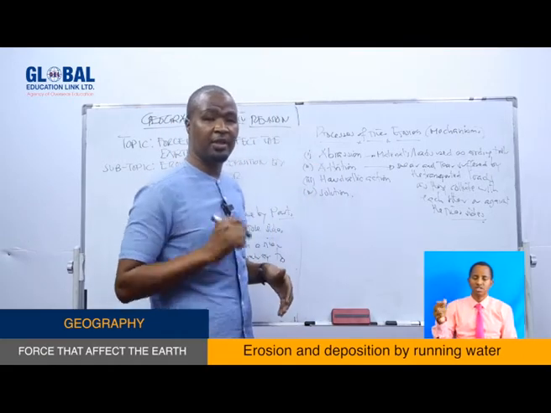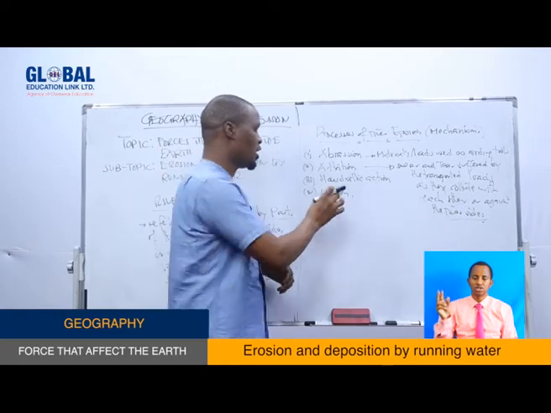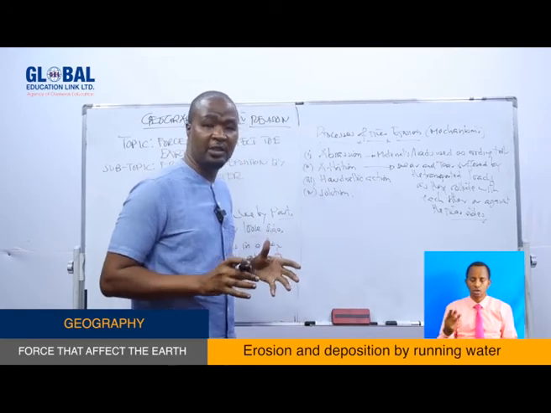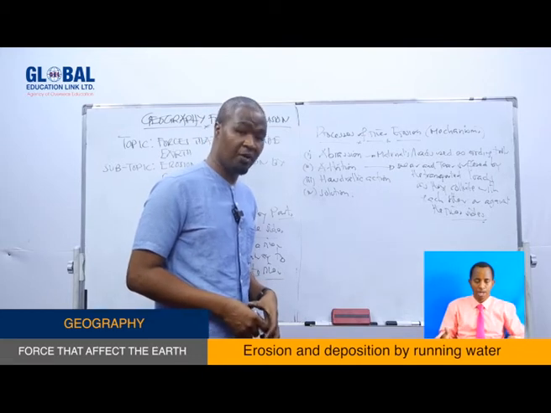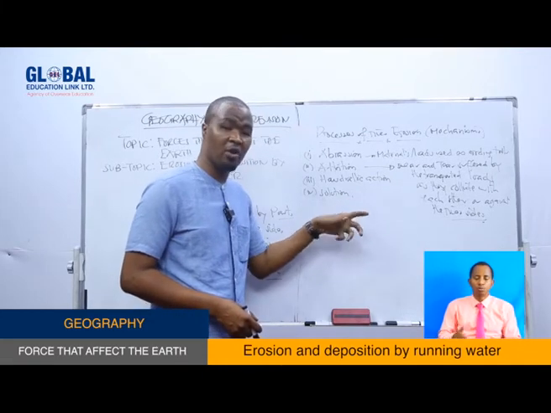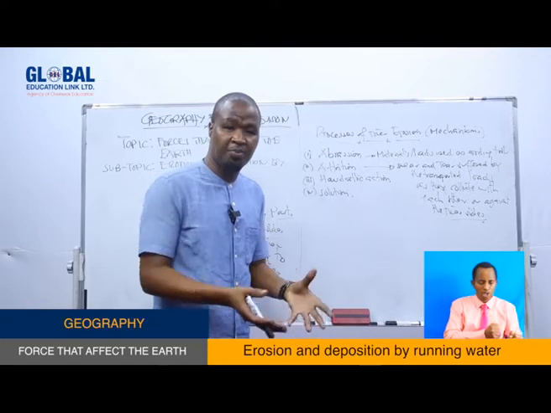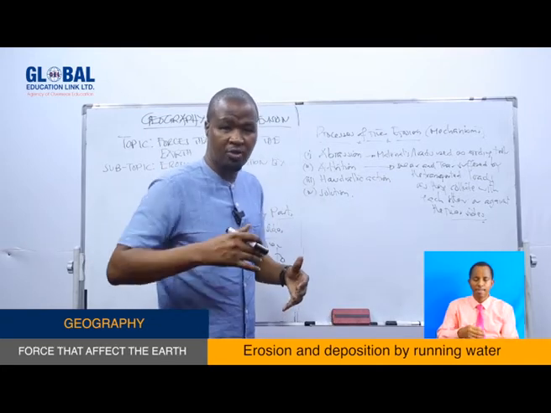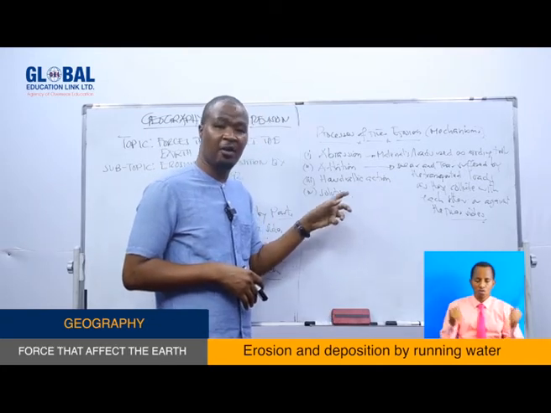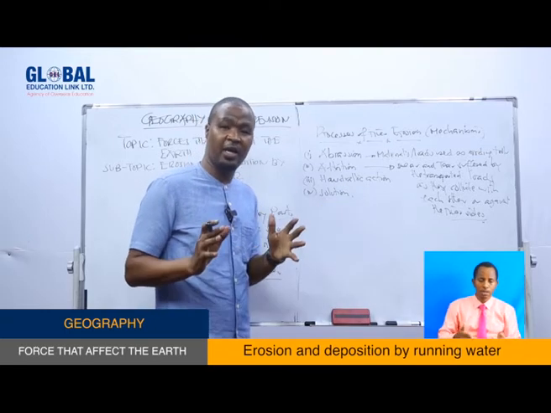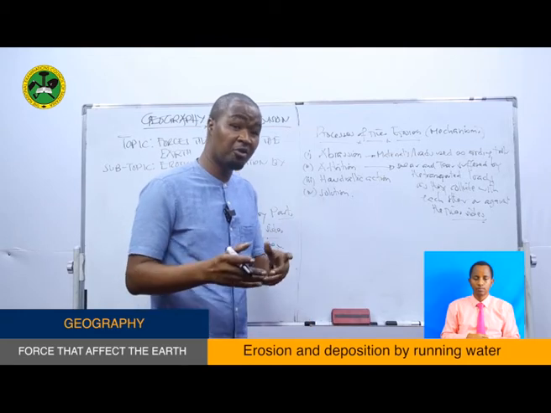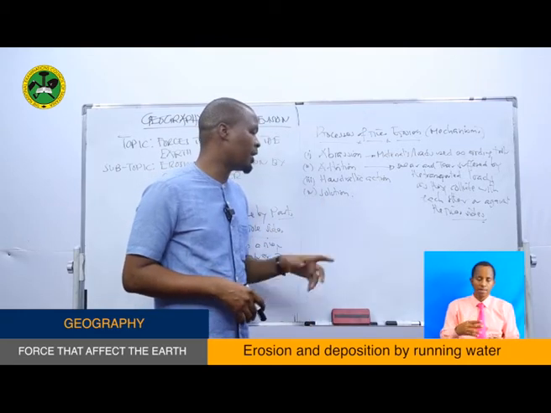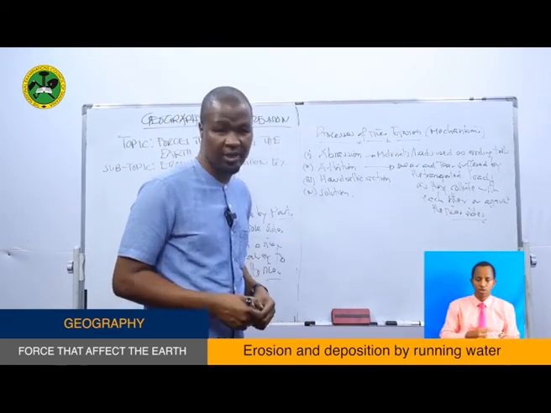Hydraulic action. It means we are talking about the removal of the loose side of the river valley by the force of the moving water. It means right now the water has much pressure. So once it bounces on the river sides and finds that the river side is weak, the weak side of the river valley will be carried away by the force of the moving water, and we will call it the hydraulic action.